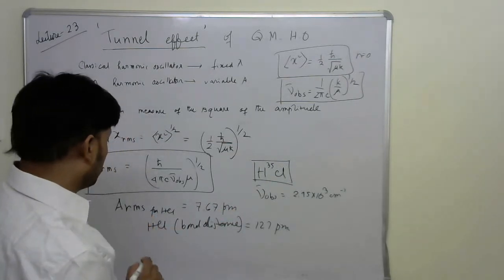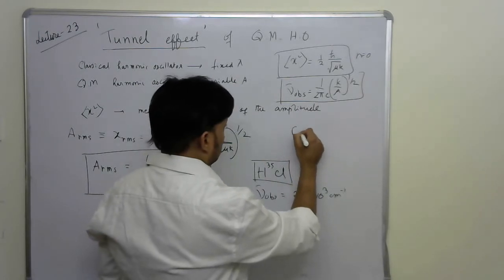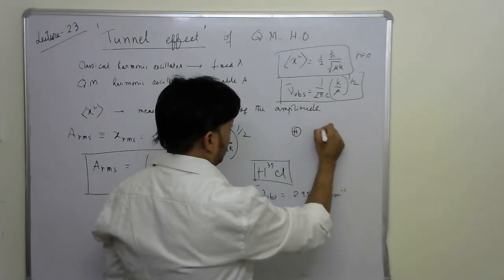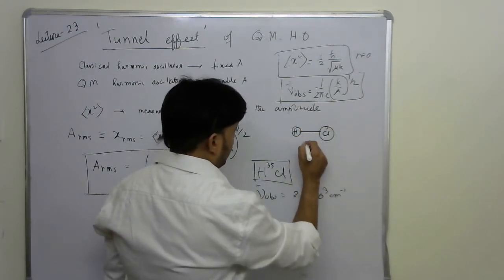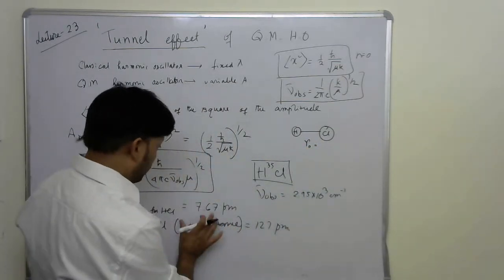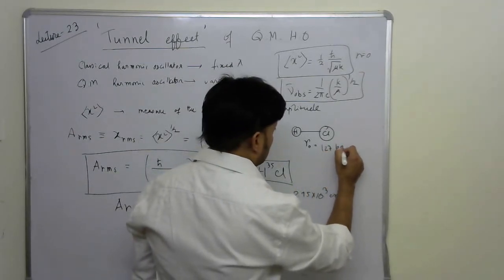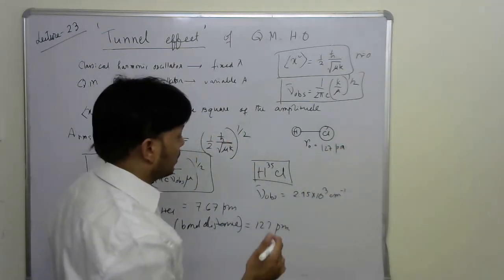So what does that mean? Just look here at HCl, where we have the equilibrium bond distance. Whatever bond distance we calculate, 127 picometer, is the equilibrium bond distance obtained from experimental measurements.